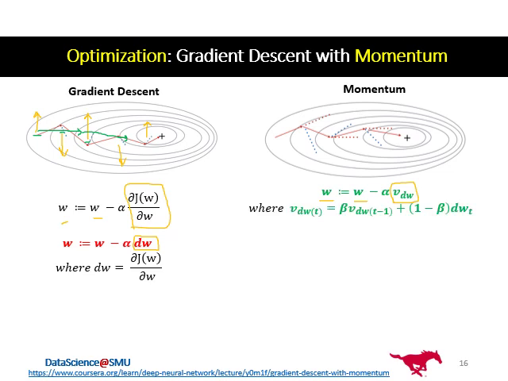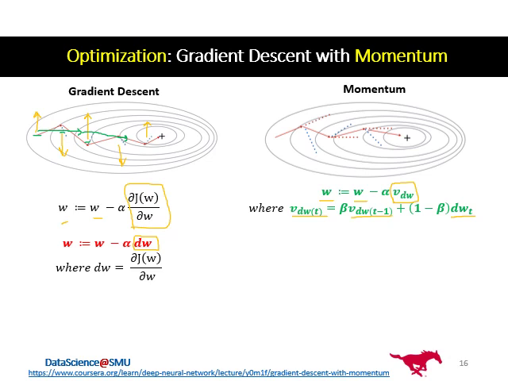And this VdW term is nothing but a combination of the velocity at the previous iteration of the gradient descent plus the gradient at the current iteration. So these two factors are combined to form the velocity at the current iteration, and they are both weighted by the term called beta and 1 minus beta respectively, where beta is the hyperparameter for this momentum algorithm.